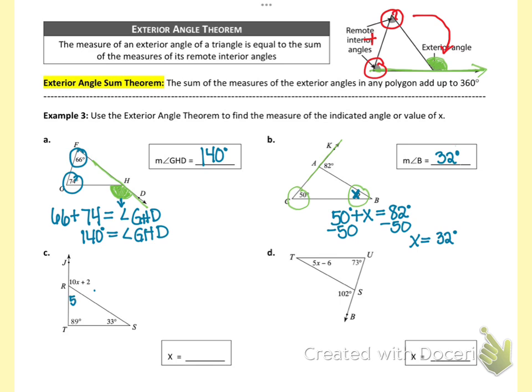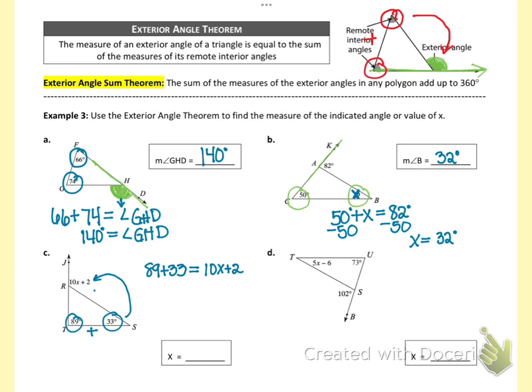So that's one way to do it, and that's pretty easy too. But again, sometimes that's not going to work because you won't specifically know two angles in the triangle. So instead, what you can do is say, I'm going to add these two up, 89 and 33, the two remote interior angles, and they will have to equal, when I add them up, this exterior angle, which is described as 10x plus 2.